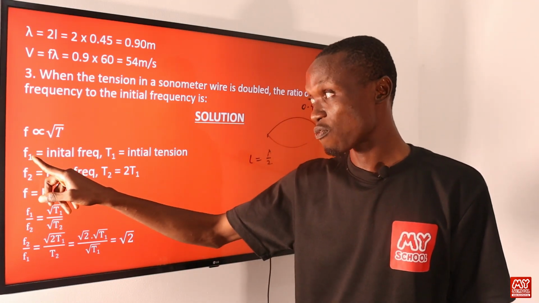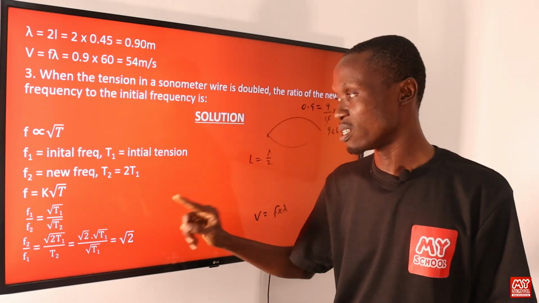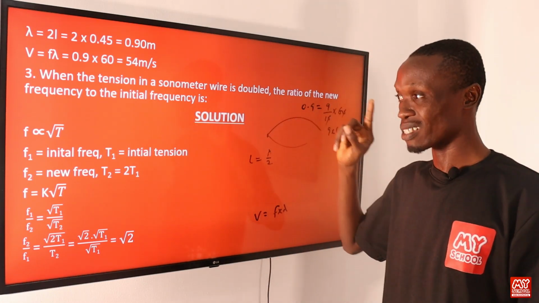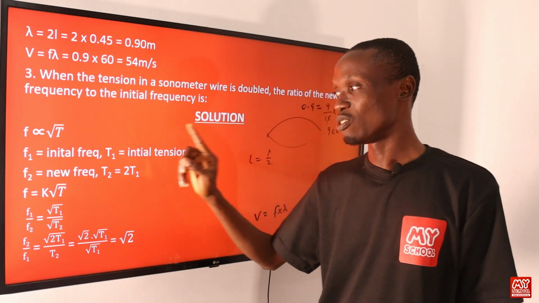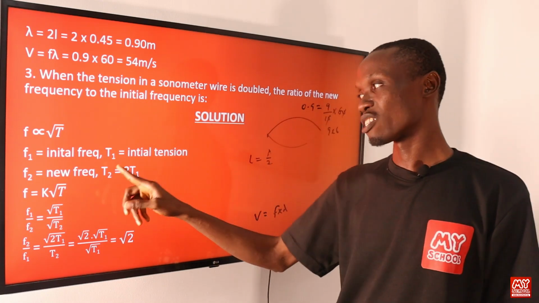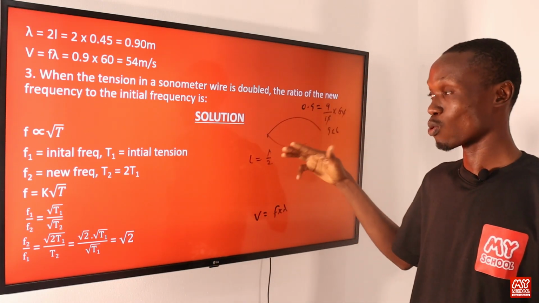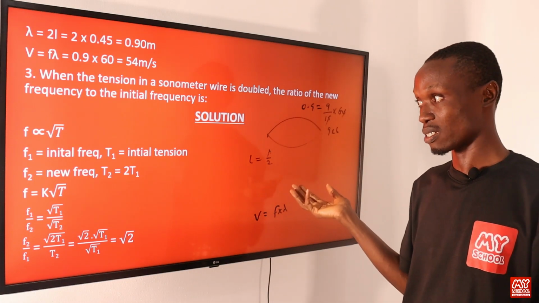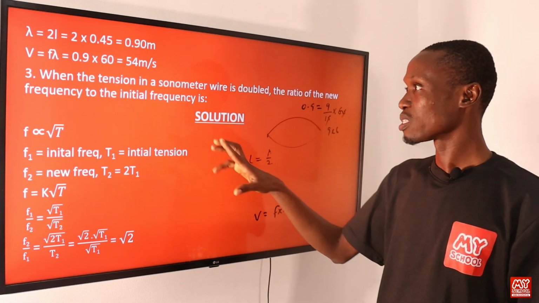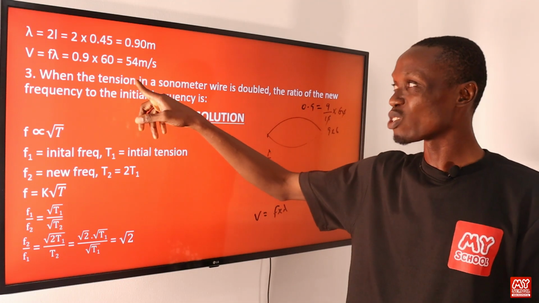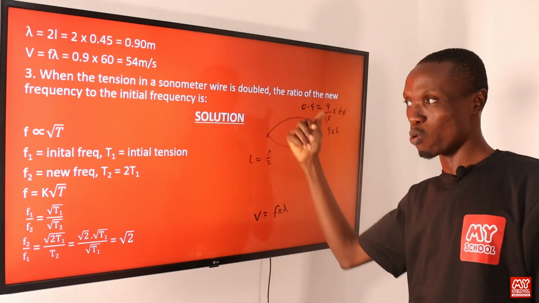So here we call F1 the initial frequency, T1 the initial tension, F2 the new frequency, and T2 the new tension, as the case may be. But here we are told that the tension in the wire is doubled.